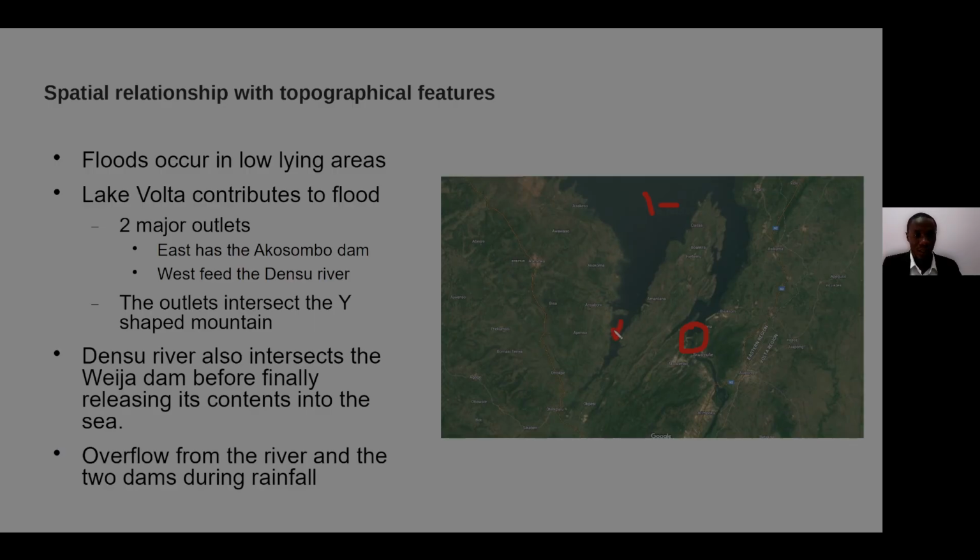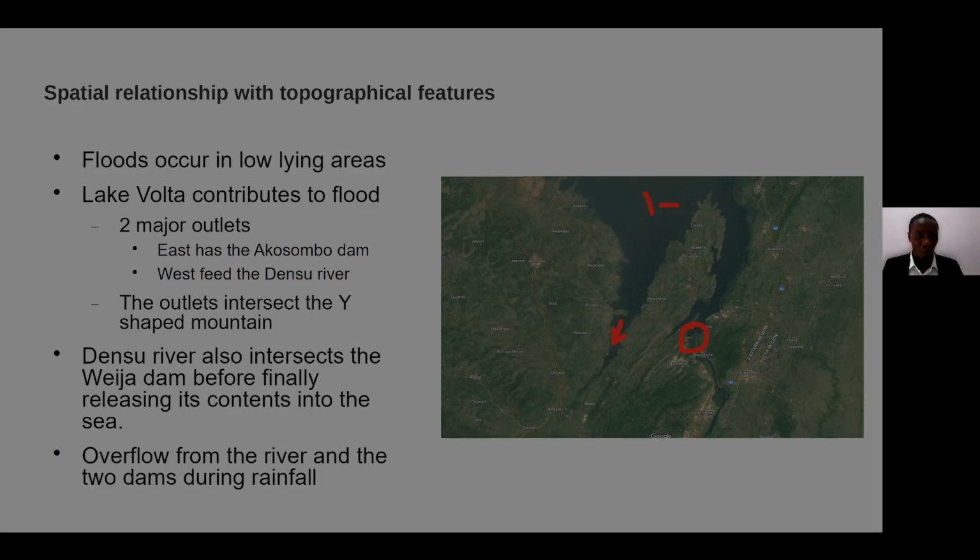Whereas on the western part, it feeds the Densu River, which runs towards the south, towards the Densu estuary that is found between Botiano and Mpwaeso on the western part of Greater Accra. And the Densu River also intersects the Wager Dam, and around the Wager Dam we have the water treatment plant of the Ghana Water Company, which provides water to Greater Accra and its neighborhoods.